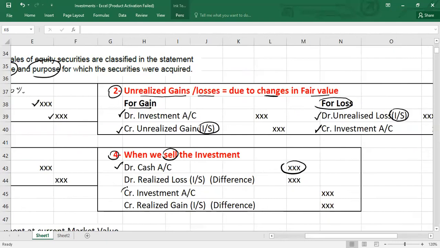Credit will go to investment, whatever value was showing in the balance sheet, because you have to remove the investment. Now you might have a difference on the debit side or on the credit side. If the difference is on the debit side, it is a realized loss. If the difference is on the credit side, it is a realized gain. So this is the entry you will pass when you sell the investment.